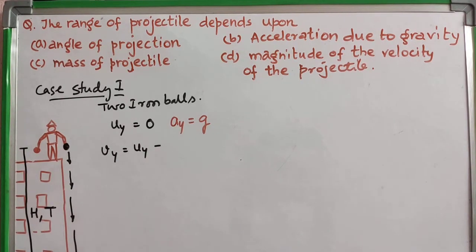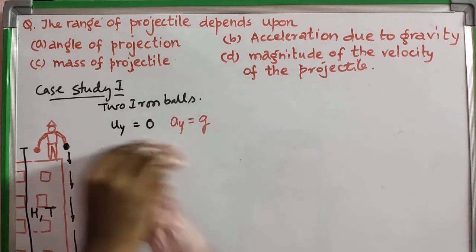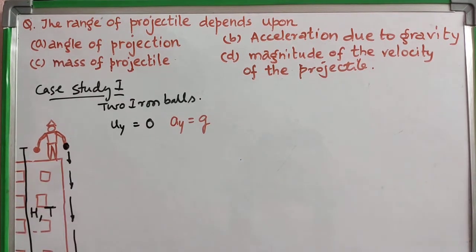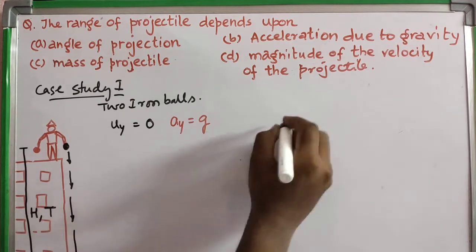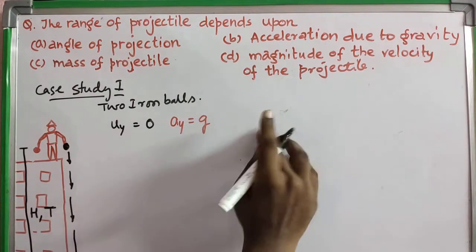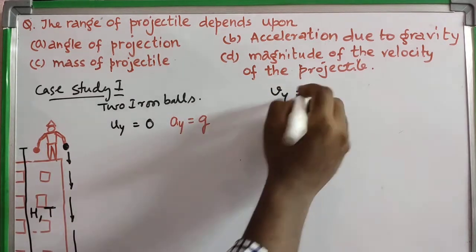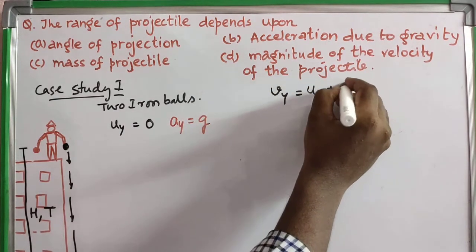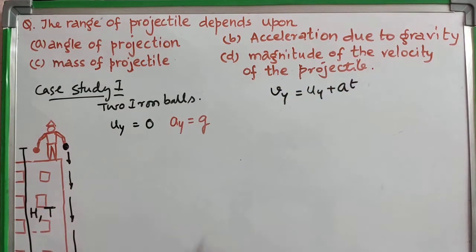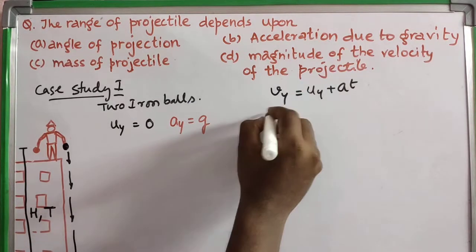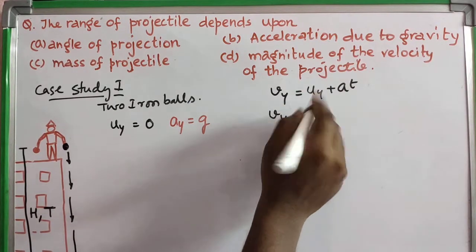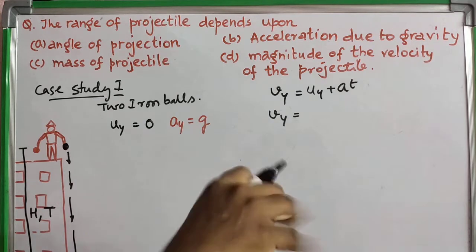Let me write a little bit on the side. So what is the velocity here? Vy at any time. Vy is equal to uy plus at, correct? At any time t. So here in this case, uy is 0, because you have dropped it.